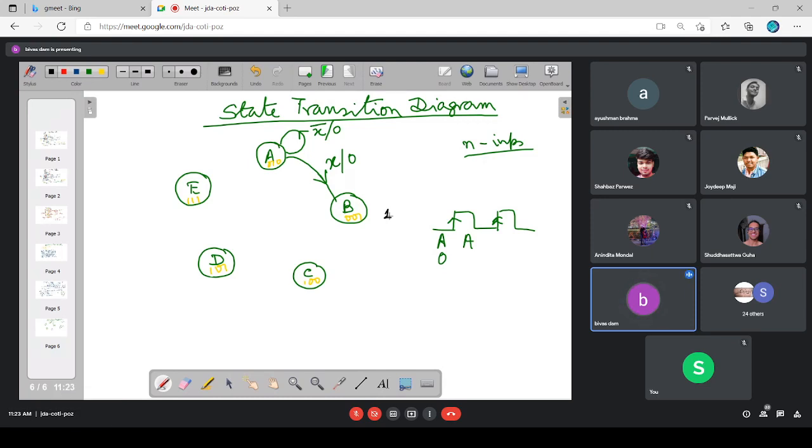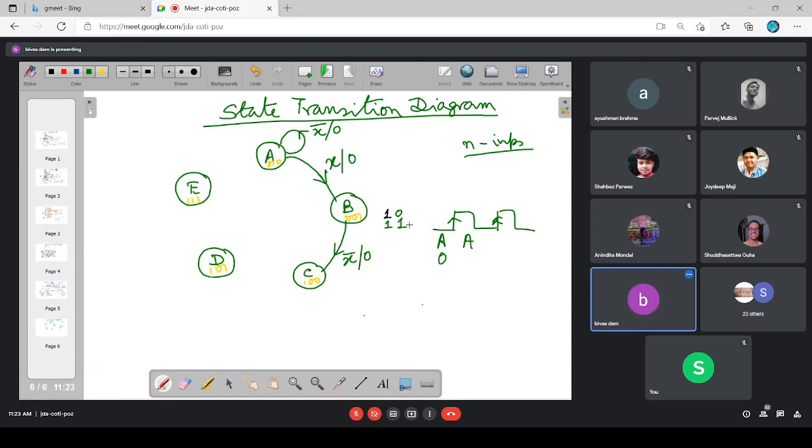The first bit 1 is available. So when I get a 0, that means I am getting a 1 0 pattern. Is it not? So the significance is this 1 0 completes the first 2 bits. So I will be going to state C. What will be the output? 0.